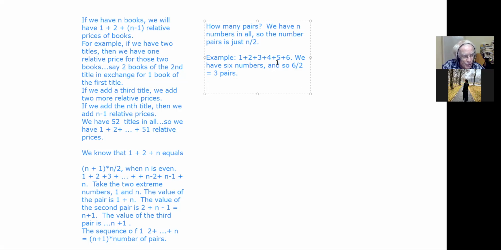So there is a formula. The value of the sequence of numbers from 1 to n is n plus 1 times n over 2, if n is even.